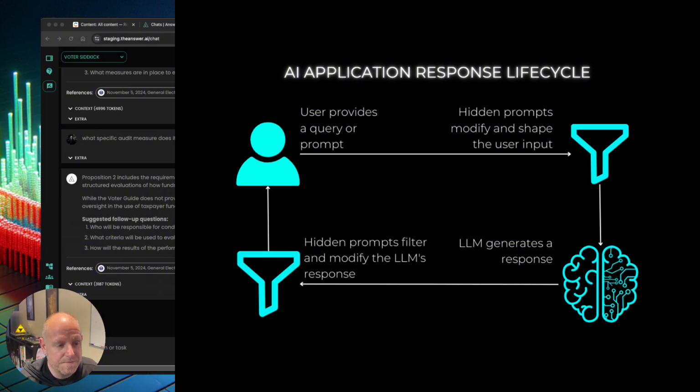Then, once it gets the response, there are more hidden prompts that will filter and modify it. Did it respond outside of our policy? Did it respond in a way that is suitable for our audience? Whatever that is, it's going to modify it in some way, and then that's what the user actually receives.